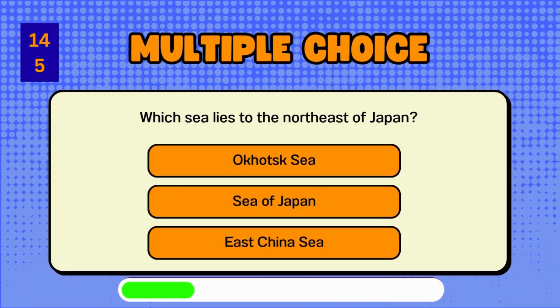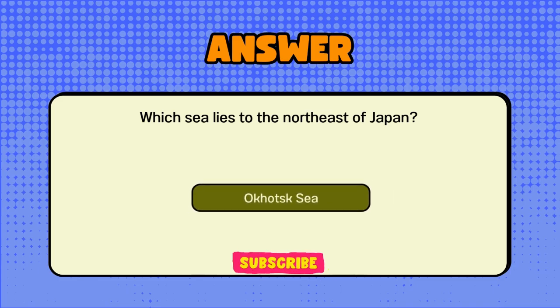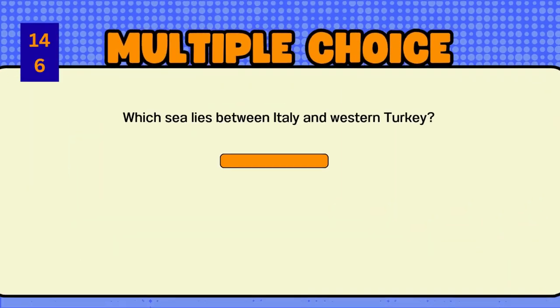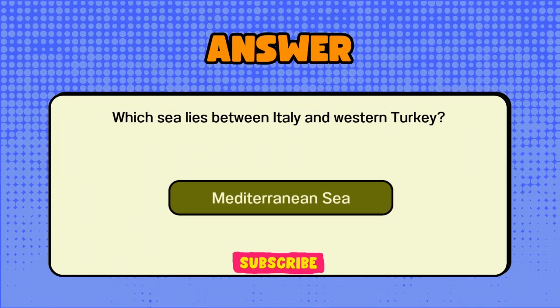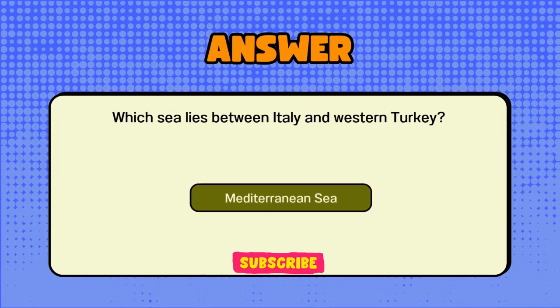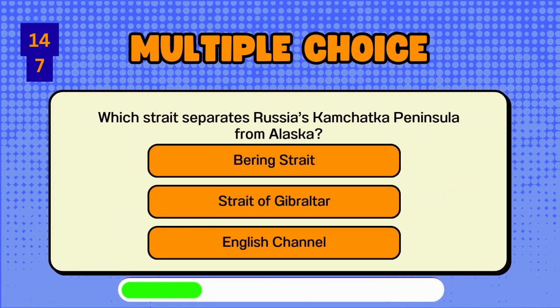Which sea lies to the northeast of Japan? Which sea lies between Italy and western Turkey? Which strait separates Russia's Kamchatka Peninsula from Alaska?